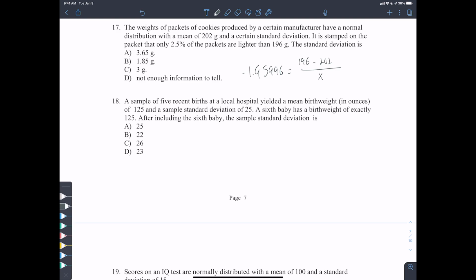So x is going to be equal to 196 minus 202, which is just negative 6 over negative 1.95996, which is equal to 3.010612, which is close enough to 3. So that's the standard deviation of this function here.